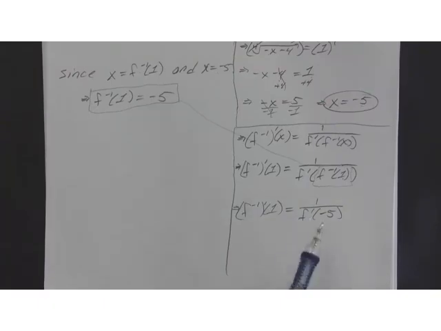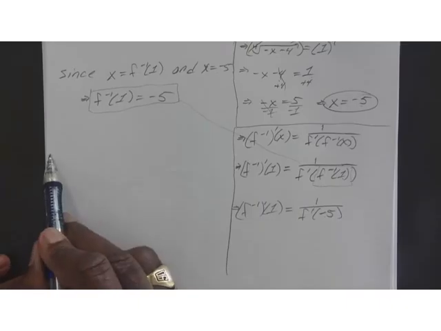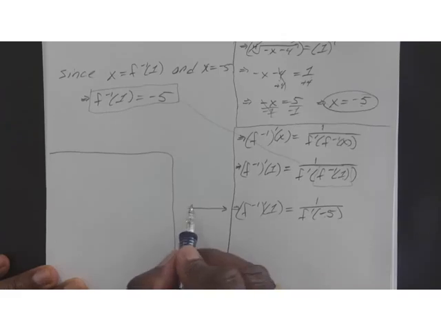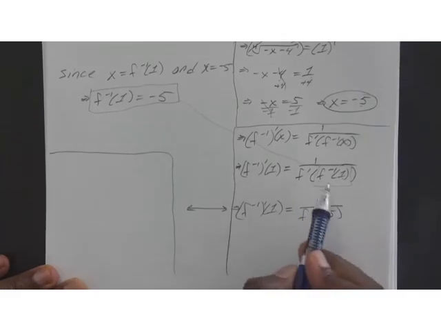Okay, so now we just have to find f prime of -5, which we can do right over here.